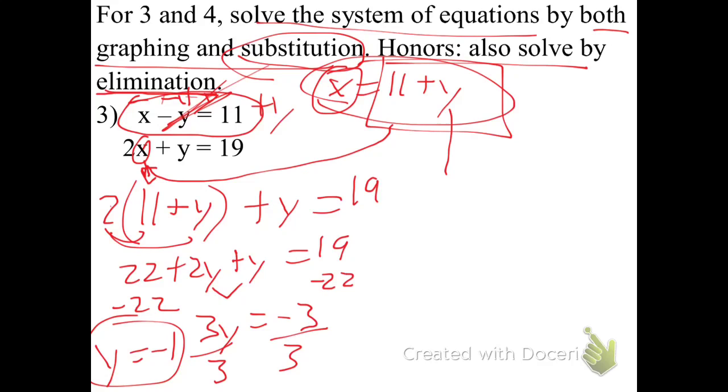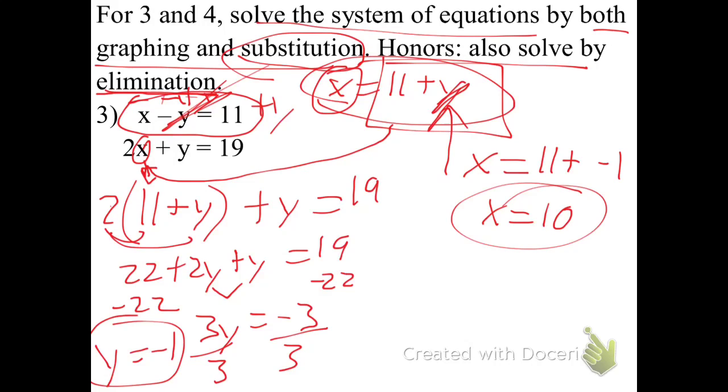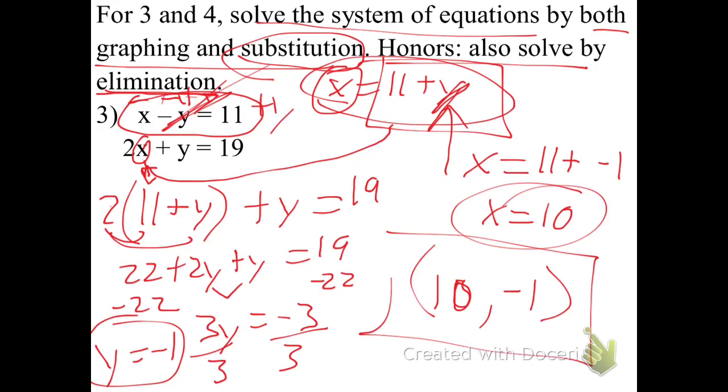I'm going to take that and plug it back into this y here, this y that got slightly drawn over, to notice that x equals 11 plus negative 1, which means x has to equal 10. Ta-da! And if you want to combine those into a point, whoops, that's not 12, you can write out the x-coordinate, comma, y-coordinate, and ta-da, that is the solution to this system of equations.